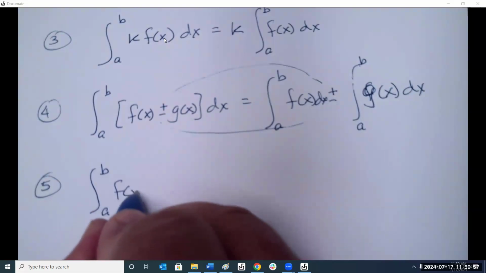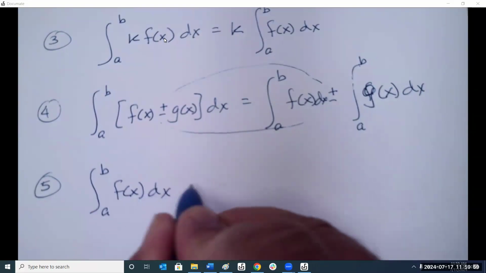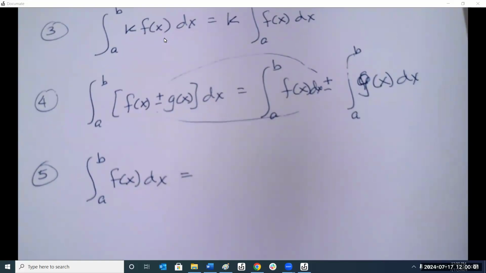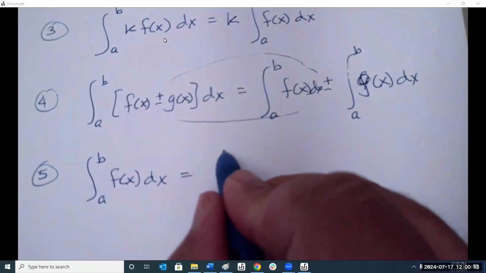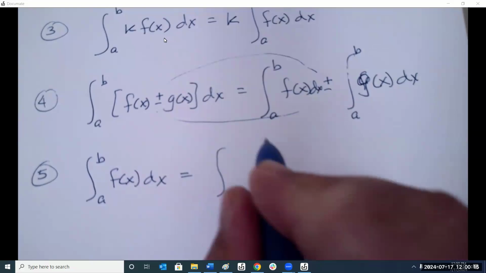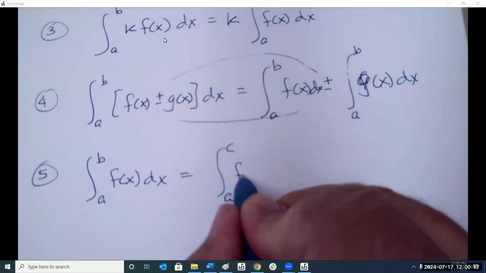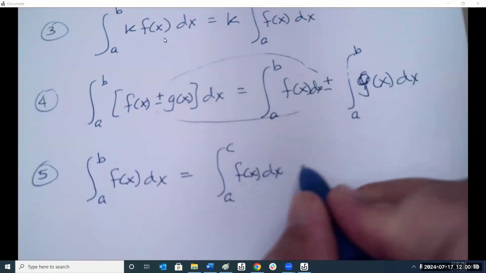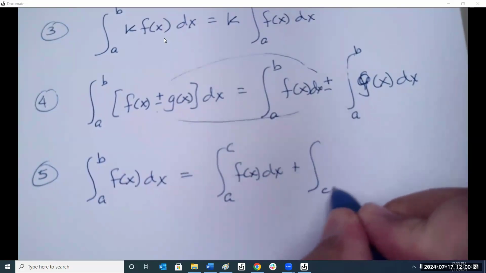The next one is an interesting one. Remember, the interval is a closed interval [a, b]. We can partition that interval as many times as we want to. So we can go from a to c and then from c to b.